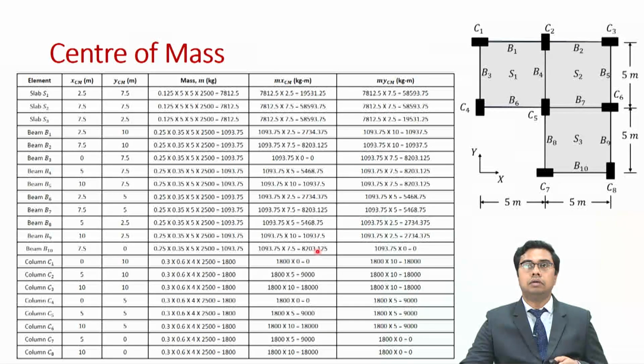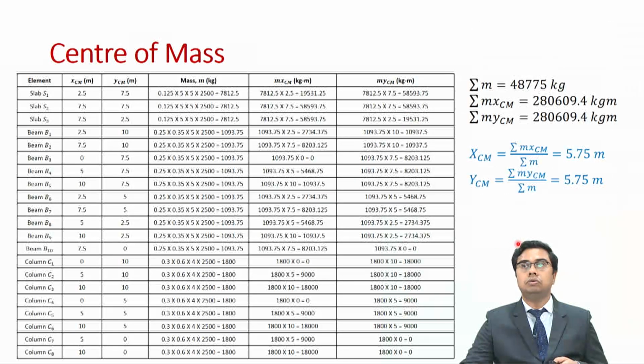Once we have these products determined, we will use the expressions given over here to find the center of mass coordinates. So, the x coordinate of the center of mass for the entire building floor will be given by the sum of m times xcm for different components divided by the sum of the mass.